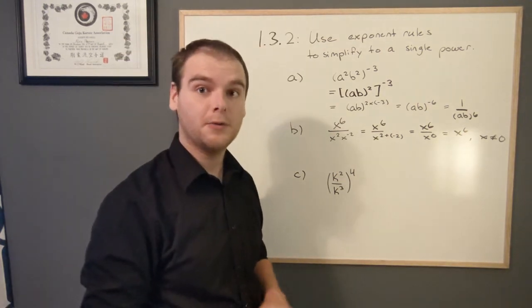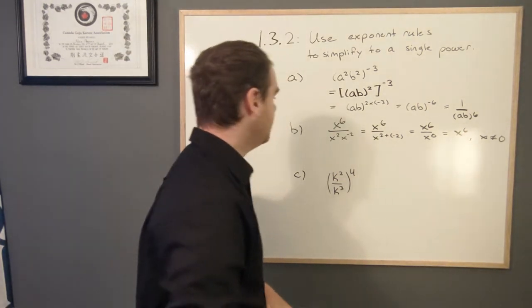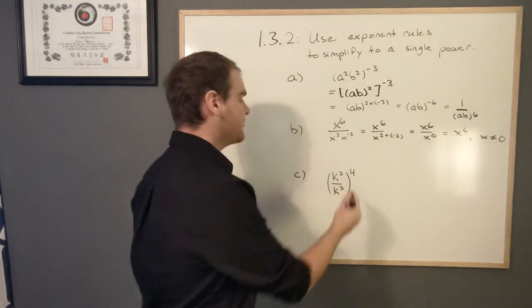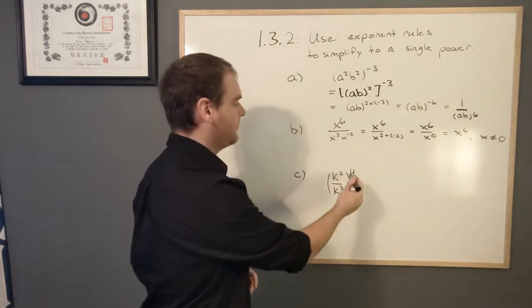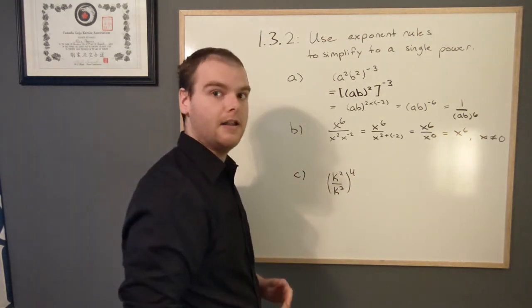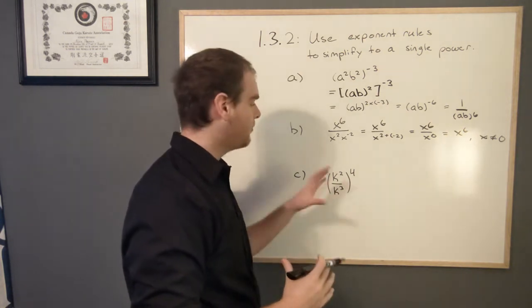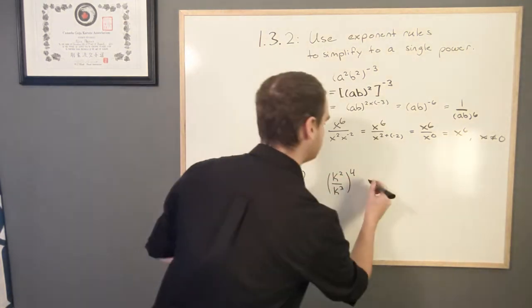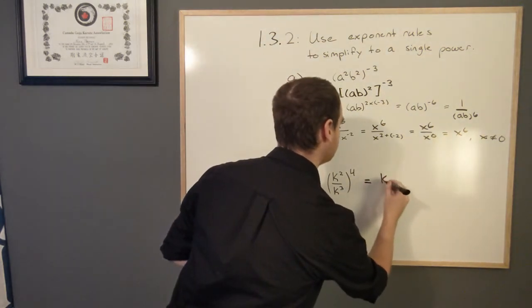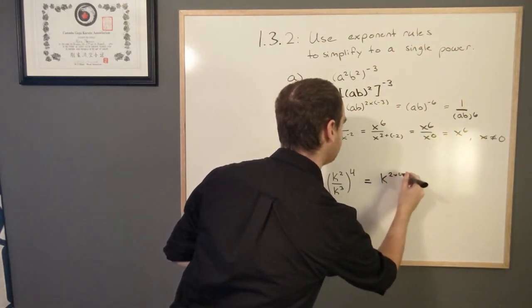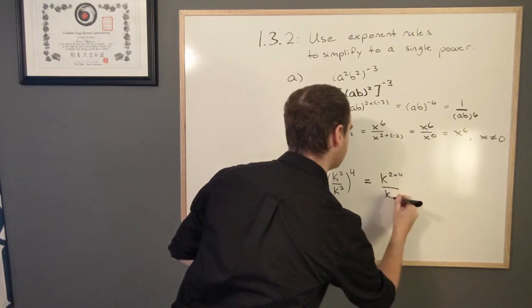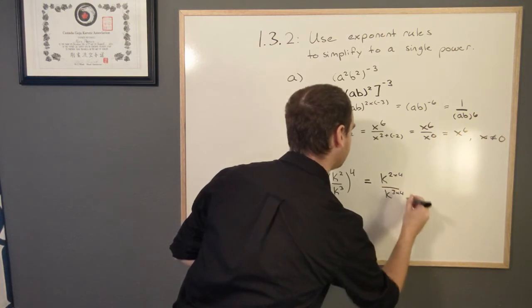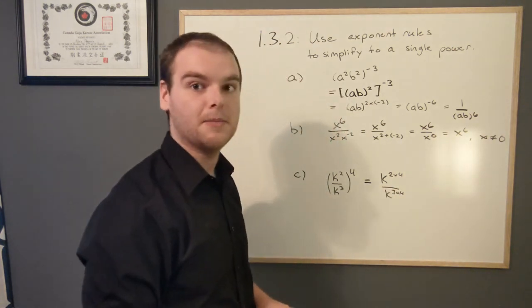As a side note, another way to do this problem is to start with this power here, and when we multiply into the brackets here, we multiply to everything. So this becomes k to the 2 times 4 divided by k to the 3 times 4.